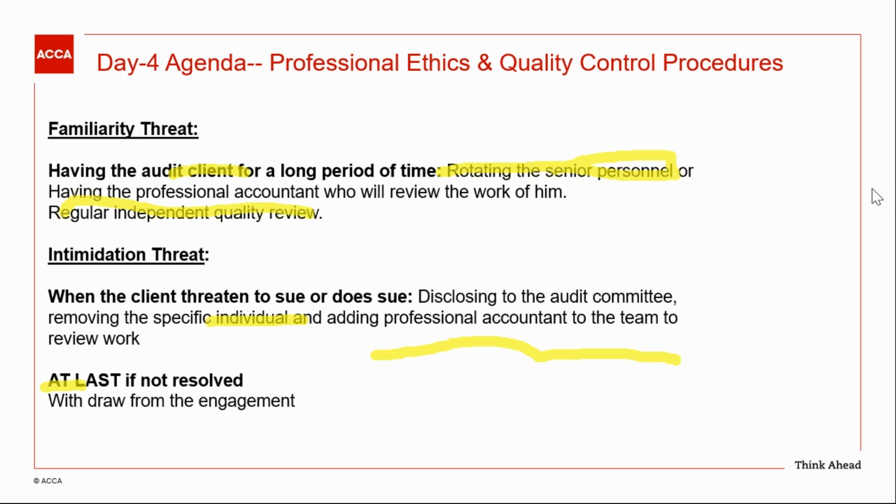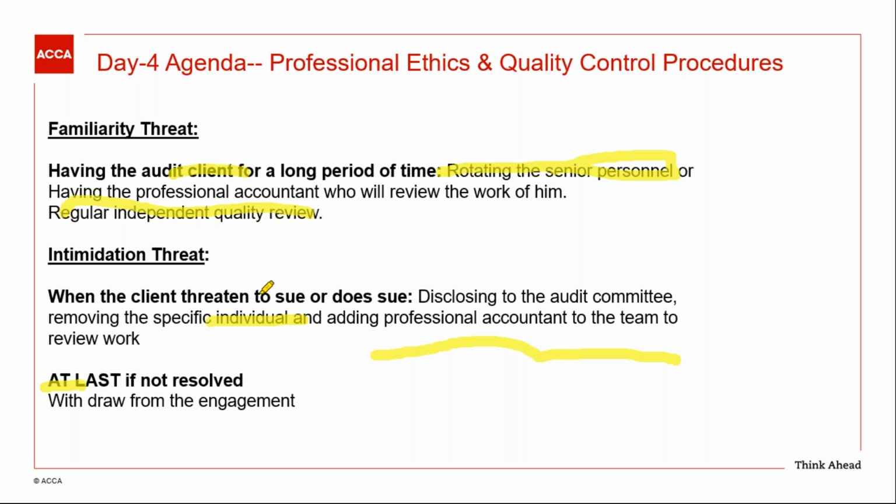Yes, the intimidation threat is to pressurize the auditor for any reason. And what can be the possible reasons? When the client threatens to sue or does sue.